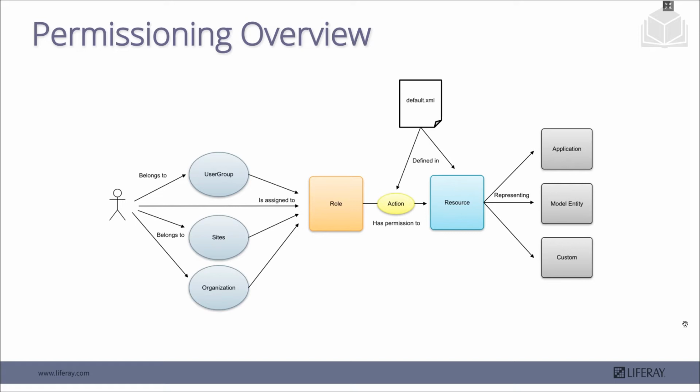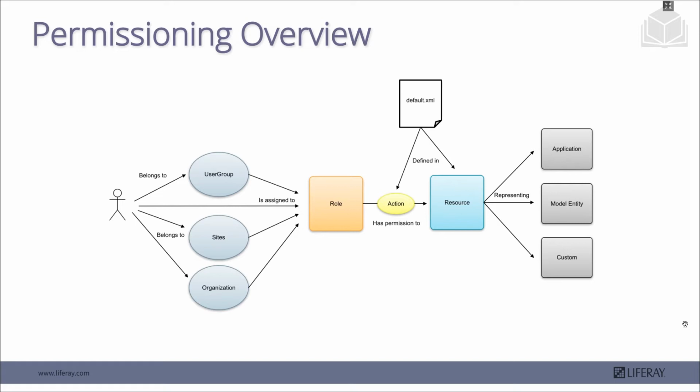A user belongs to a user group, and the user group is assigned to a specific role. Within that role, it defines a permission. So it says you can perform a specific action upon a specific resource. That resource can be an application, it could be the model entity in the database, or it can be something else, right?